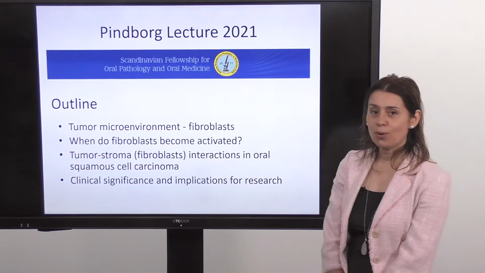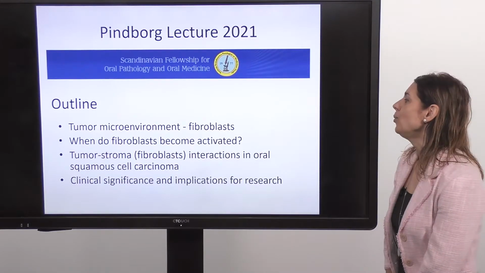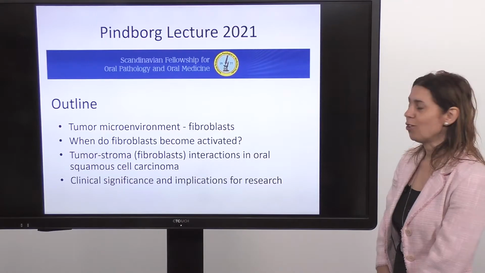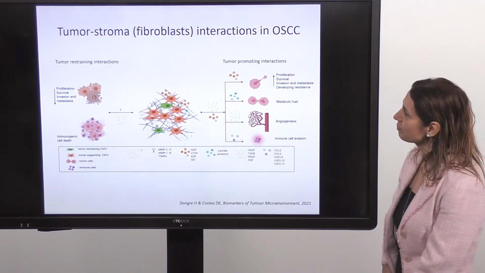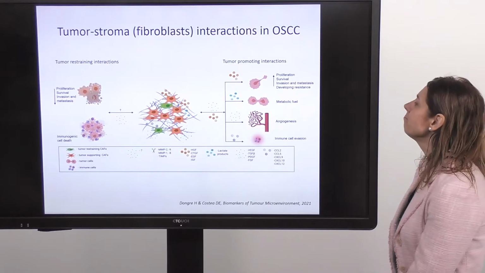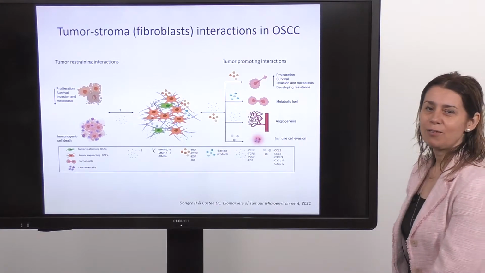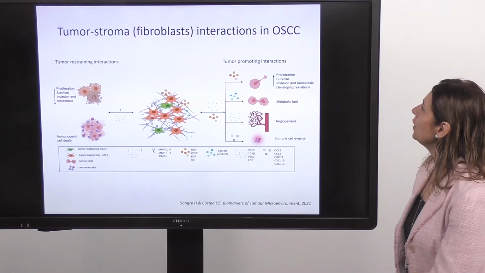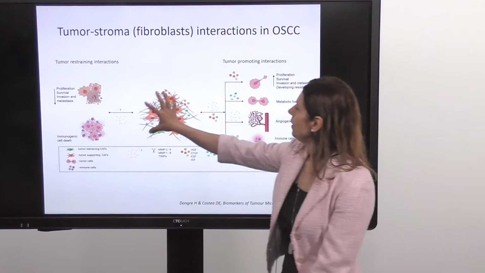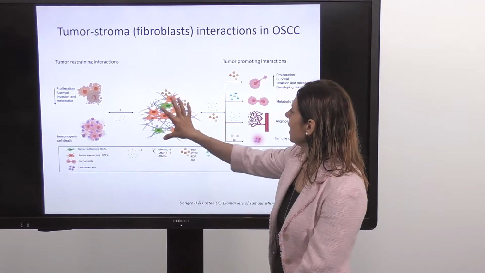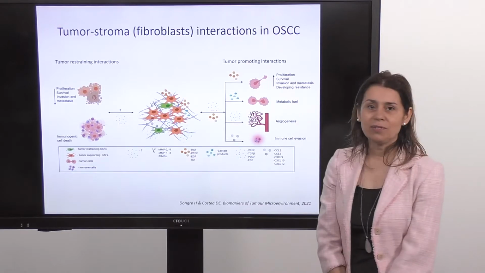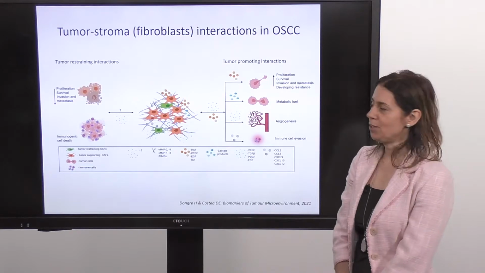We move now to the core of the lecture, which is on the mechanisms of tumor-fibroblast interactions in oral squamous cell carcinoma. Here is an overall graphical abstract of these interactions. We have here the cancer-associated fibroblasts, and it is now revealed that they are quite heterogeneous.